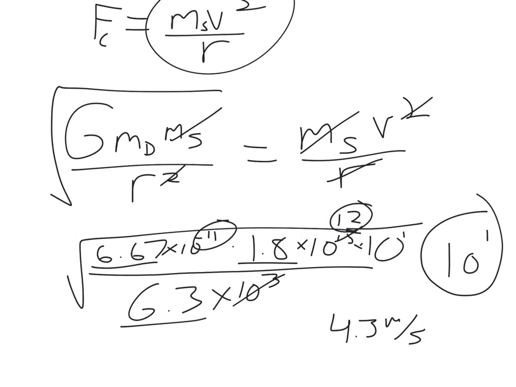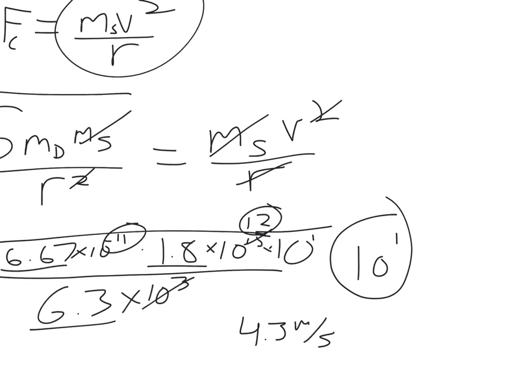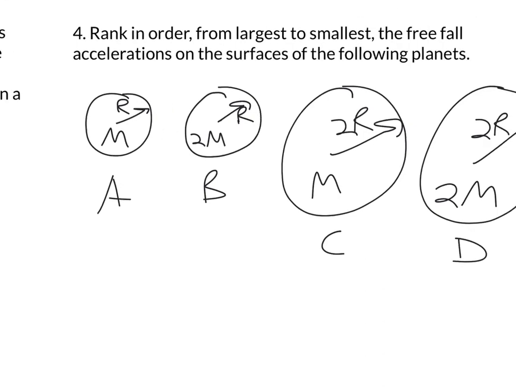So it would be very cheap to put a satellite into orbit around Deimos, but you would have to be careful if you were there, because you could literally jump off and just be gone, off into space.